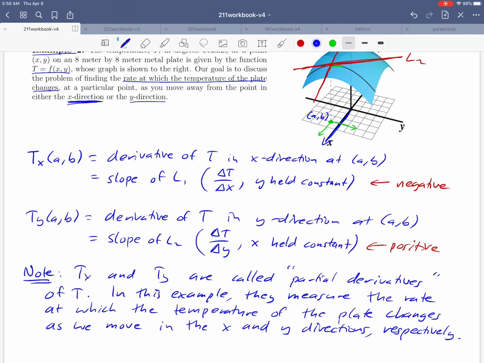And as we go further in this section, we will start to talk about how we might calculate derivatives like this or estimate them.